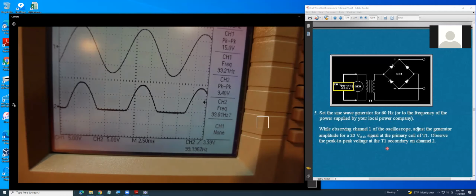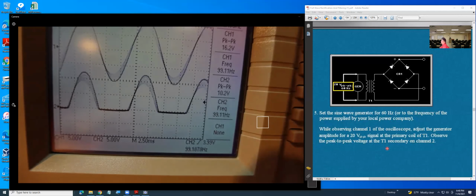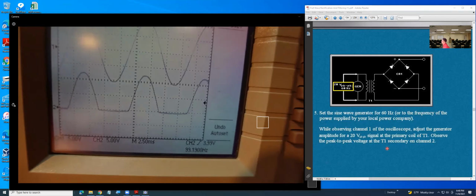They changed it to the primary coil as well. You need to put 20 volts in at the generator, channel 1. They want it to be 20. Okay, let's see. Auto set, measure.